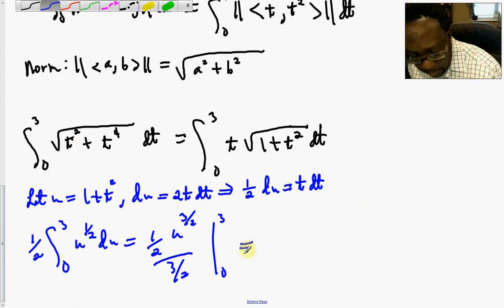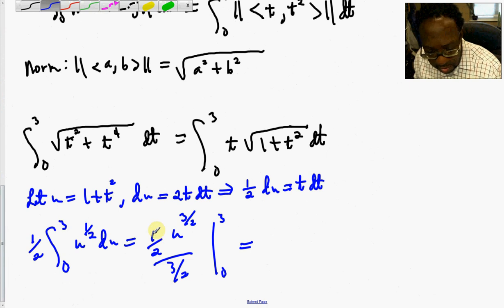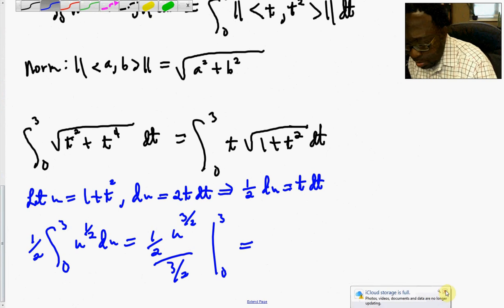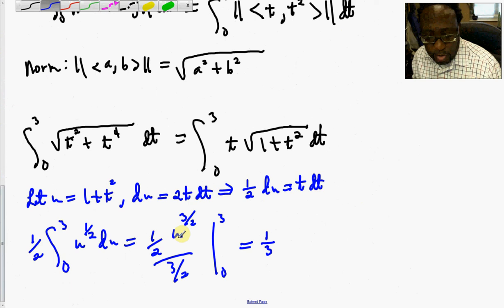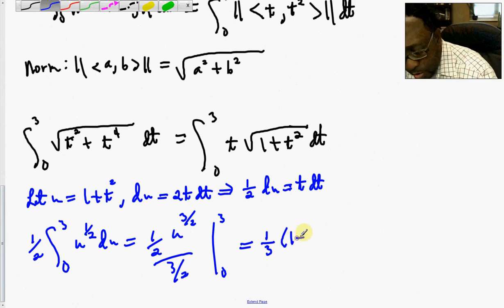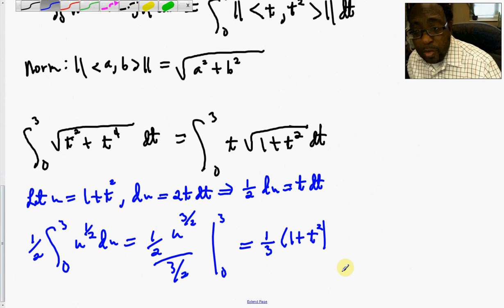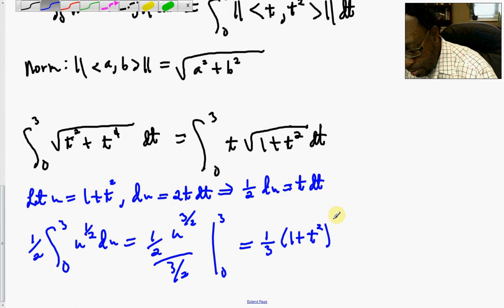We clean this up. So the 2 goes upstairs. It's canceled out with the 1/2, and so we have in the bottom a 1/3 times u to the 3/2, but u is 1 plus t squared, and that's raised to the 3/2 power. These guys are evaluated from 0 to 3.